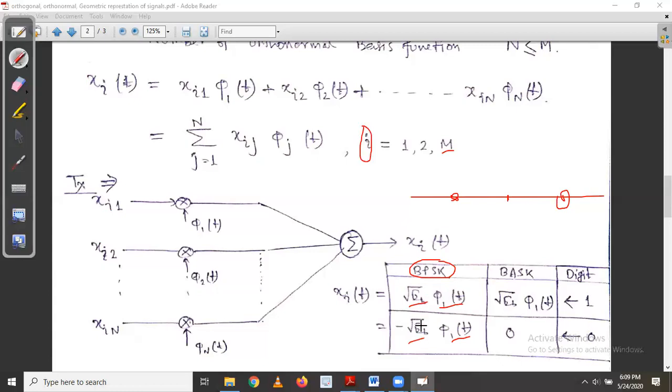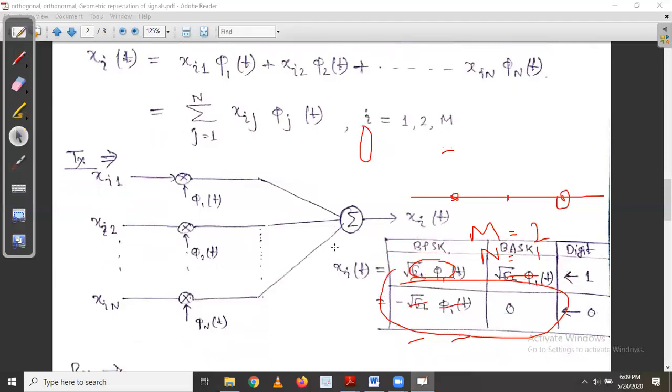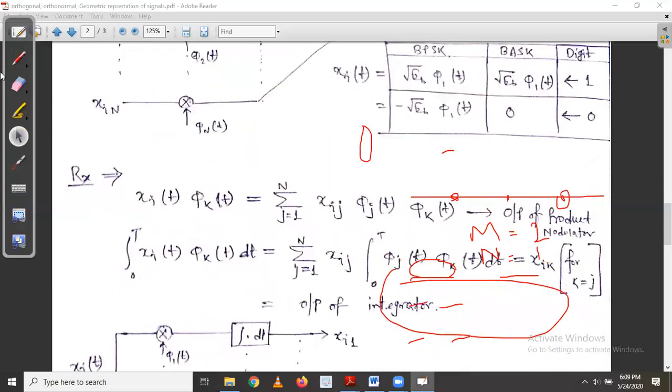Two message points, but basis function is only one. That means for the case of BPSK, capital M is 2, but capital N is 1. That's the thing I have discussed here, by taking the example of BPSK and BASK or ASK. These things already have discussed. So this thing we have transmitted.